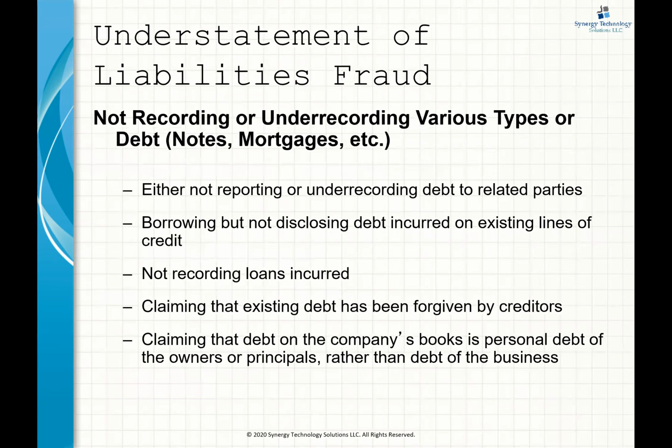Not recording or under-recording various types of debts: not reporting or under-recording debt to related parties, borrowing but not disclosing debt incurred on the existing line of credit, not recording loans incurred, claiming that existing debt has been forgiven by creditors, or claiming that debt on the company's books is personal debt of the owners or principals rather than debt of the business.